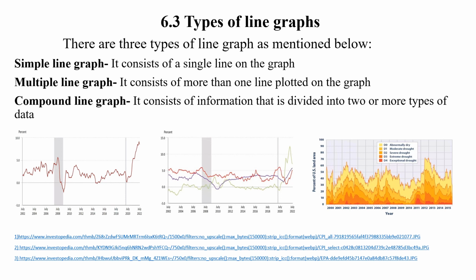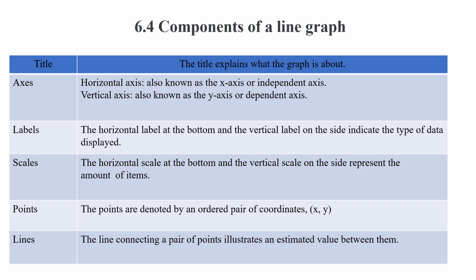Now we are going to study the simple line graph. Components of a line graph. Axis. Horizontal axis, also known as x-axis or independent axis. Vertical axis, also known as y-axis or dependent axis. Labels. The horizontal label at the bottom and the vertical label on the side indicate the type of data displayed.